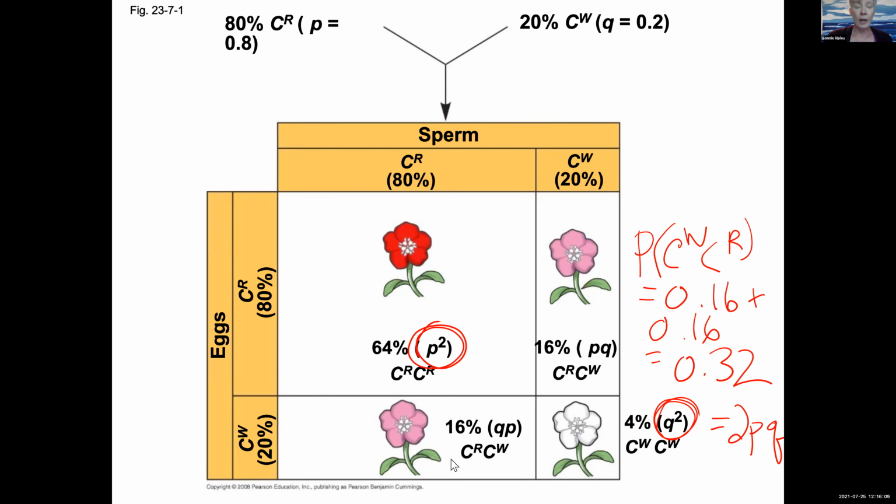There are a couple of things that could be happening that would make our proportions change from one generation to the next. All right, so we're going to assume that our population is in equilibrium, right? The population's in equilibrium from a population genetics perspective if its genotype frequencies are not changing from one generation to the next, right?